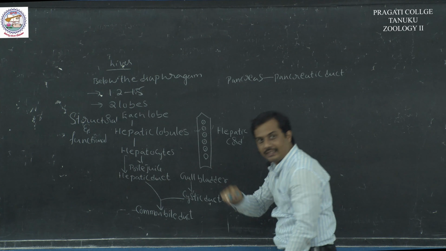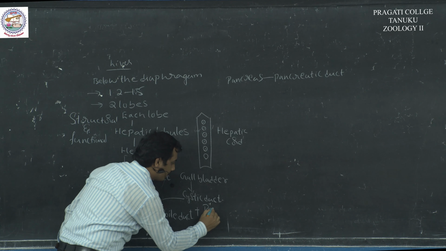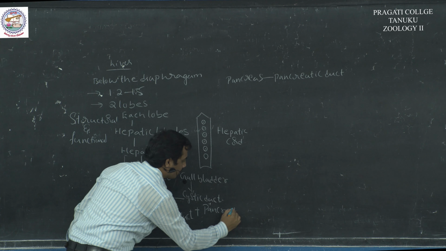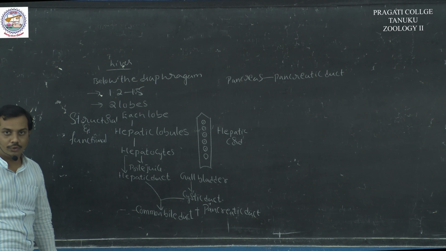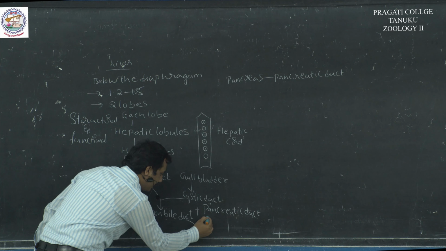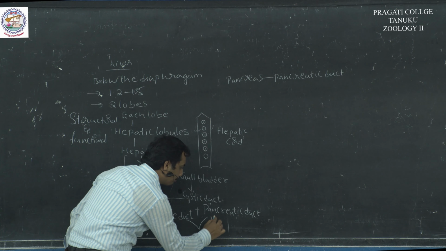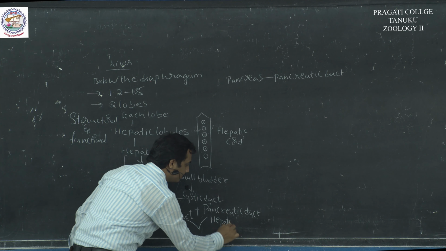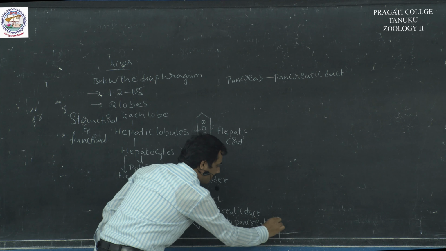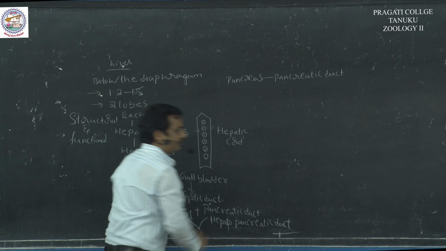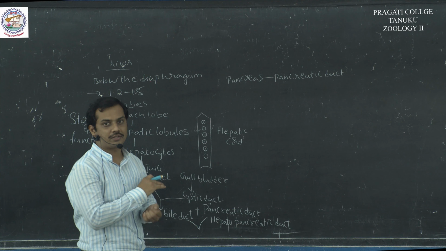This common bile duct and the pancreatic duct unite to form the hepatopancreatic duct, and this opens into the duodenum part of the small intestine.